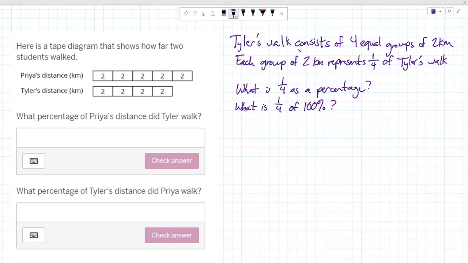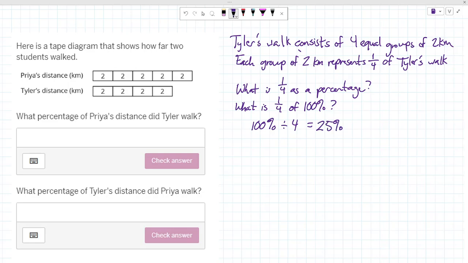So if we take 100 and we break it into 4 parts. Remember, our trick kind of for remembering this is that quarters are 25 cents and quarters also break something into 4 parts. So 1/4 of 100% would be 25%. So 100%, we could divide that by 4. That's going to give us 25%.